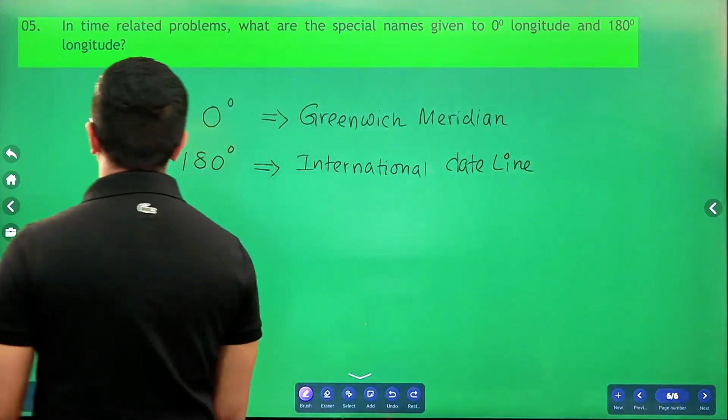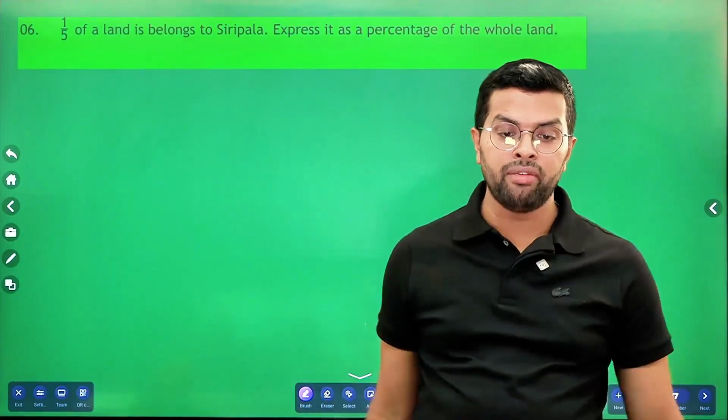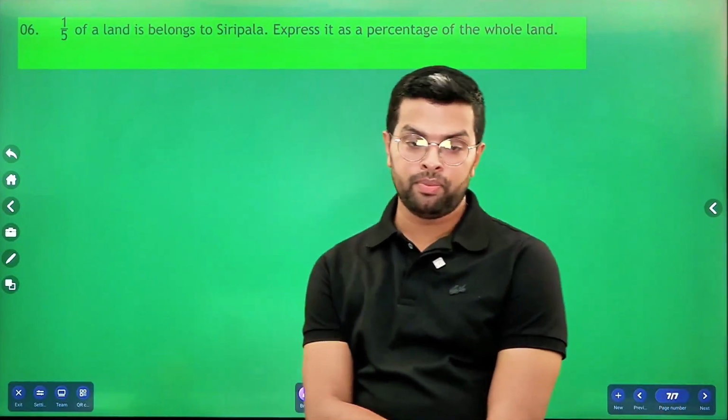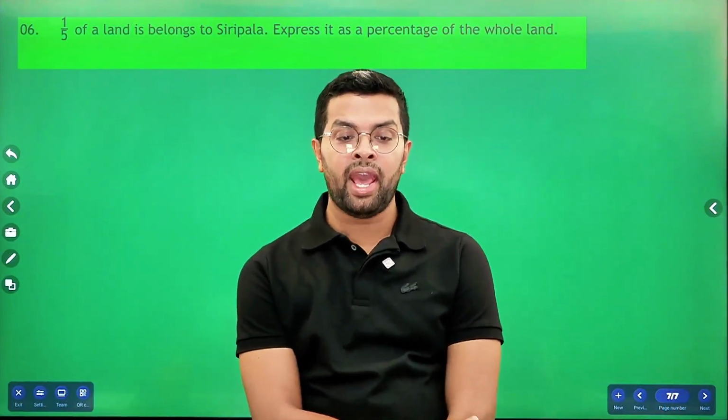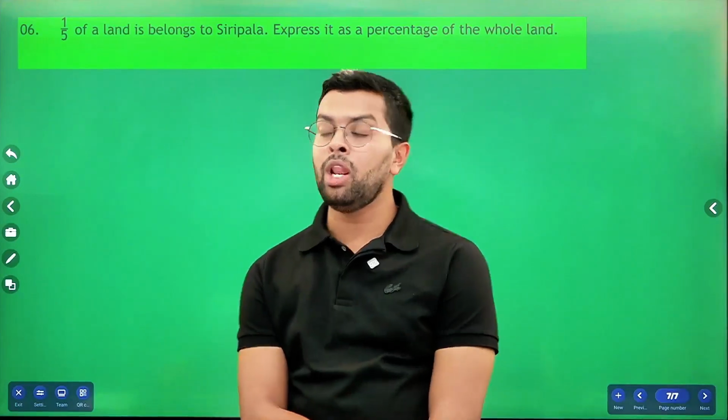Okay. Moving on. Question number 6. 1/5 of a land belongs to Siripala. Express it as a percentage of the whole land.